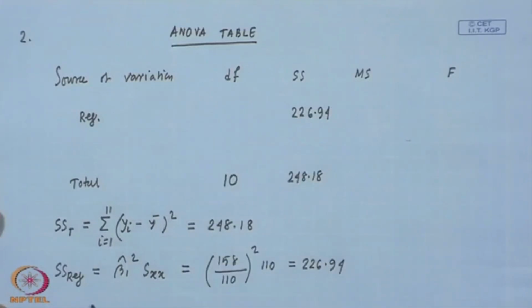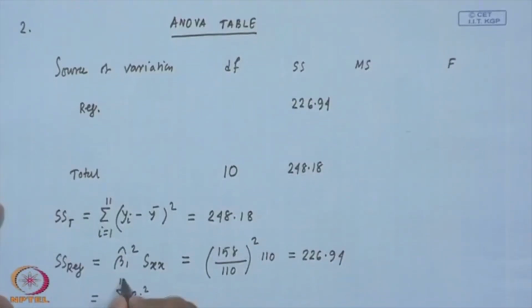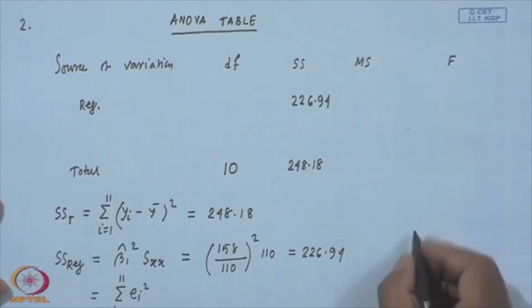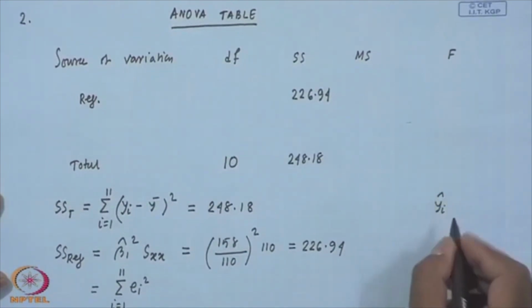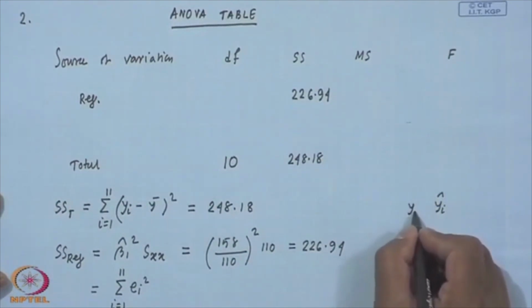See, SS regression is also equal to summation e i square from i equal to 1 to 11. So, this is another way to compute. You have the fitted model, you know y i hat, you have the original observation y i.